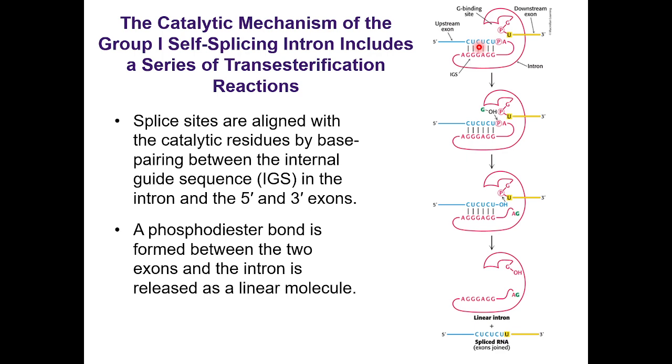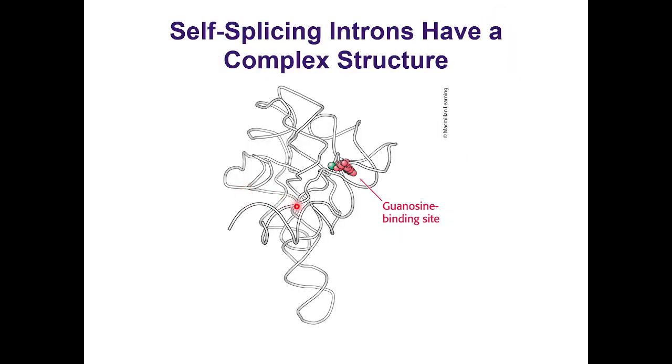It's the one that will have enough matches that it will be stable in this form and cause this to wrap back around on itself. And so this is then going to be the intron that will happen after the IGS here. This then is the downstream exon. And these P's are the phosphates that are going to be involved in the phosphodiester bonds that will be the ones that are reactive. And so, again, note you have a fairly complex geometry that develops here, okay? And you can see an example of how complex this can look right here, okay?